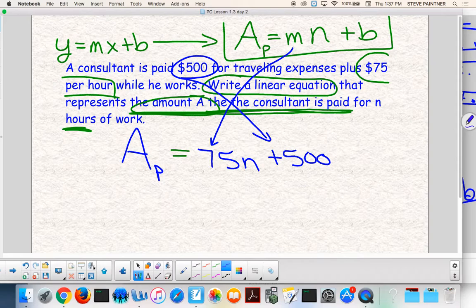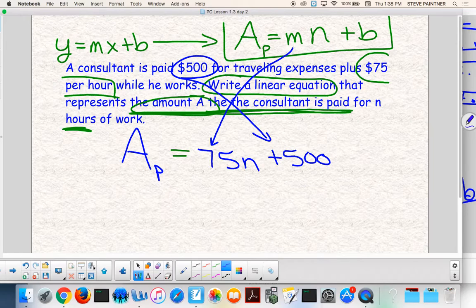Good. Why was that easy? Why could we write that equation so easily? Everything's there. Guys, look. They gave you the slope. You stuck it in. They gave you the y-intercept. You stuck it in. You're done. That's how nice that problem is.